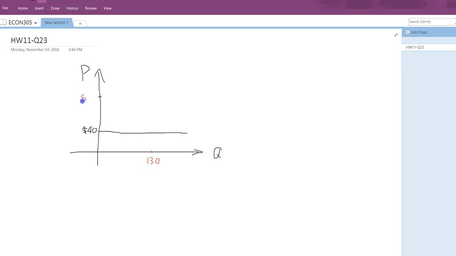When I connect these two points, it's not very beautiful, but you know what I mean. This is the inverse demand curve.